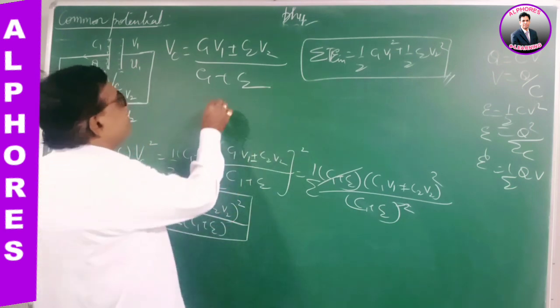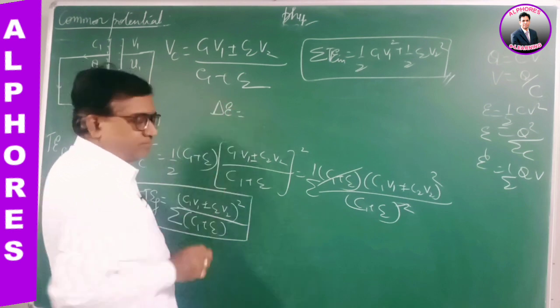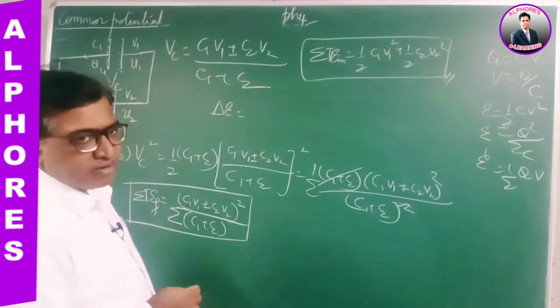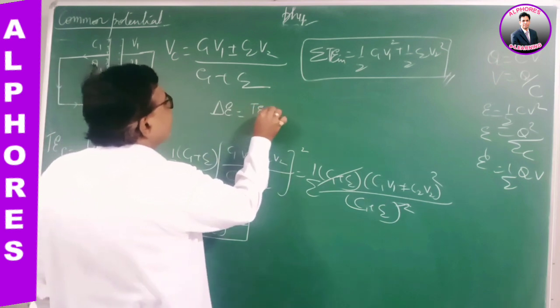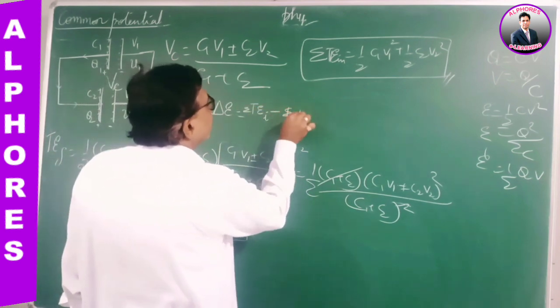So the energy that is lost, delta E, you can write as the total initial energy minus the total final energy.